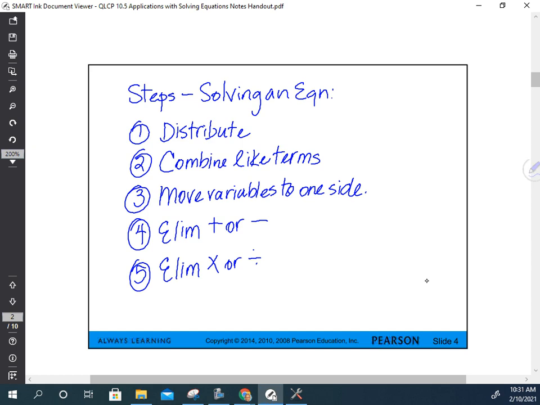Another thing to keep in mind, over the course of the next 2 days, we're going to do several word problems. These are not the only word problems that exist. So when you're doing your homework, or when you get your test, or when you take your final, or when you take your placement test, whatever you need to do over the course of your life, know that this is not the end-all be-all. You're going to have other problems that pop up and exist. So it's not a cookie cutter.